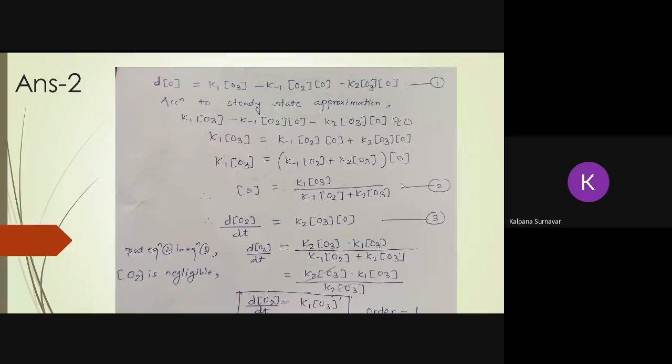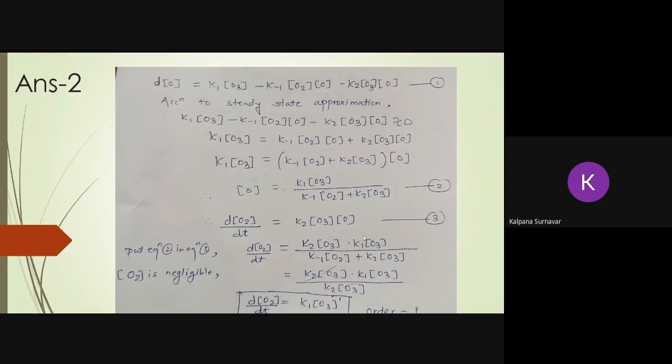Just put the value of equation 2, which is of oxygen, in equation number 3, and dO2 by dt is equal to K2 into concentration of O3 into K1 into concentration of O3 divided by K minus 1 into concentration of O2 plus K2 into concentration of O3.